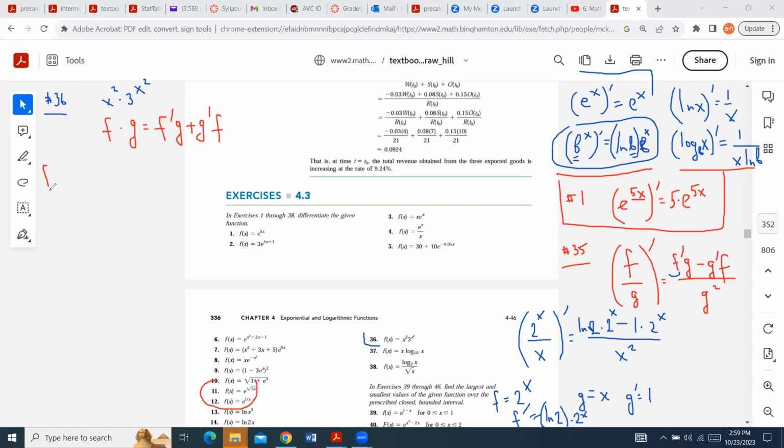So if my f and g are going to be the pieces x squared and 3 to the power of x squared, then what are their derivatives? Well, we'll take the derivative of f as a favorite, right? It's 2x, the power form.